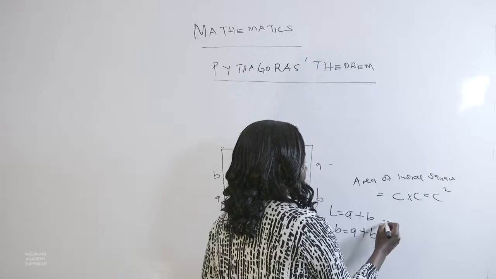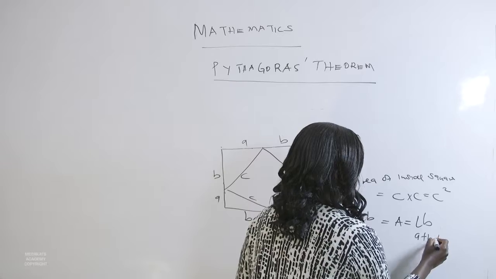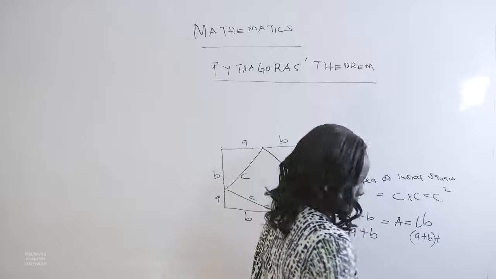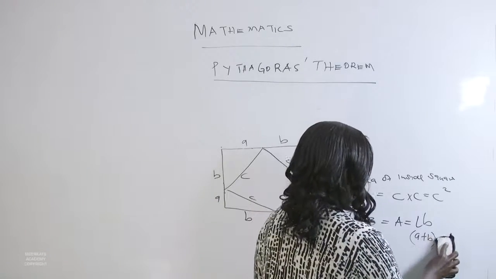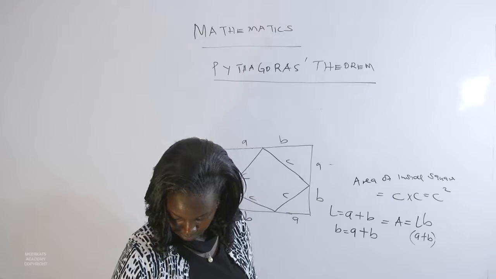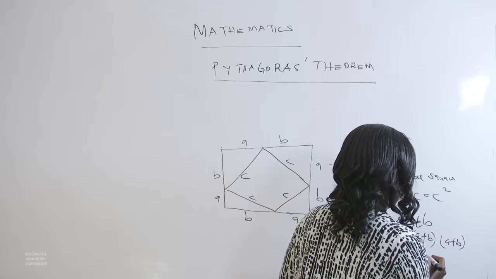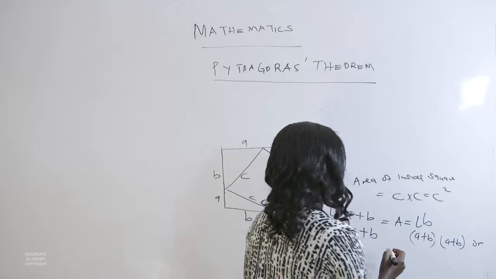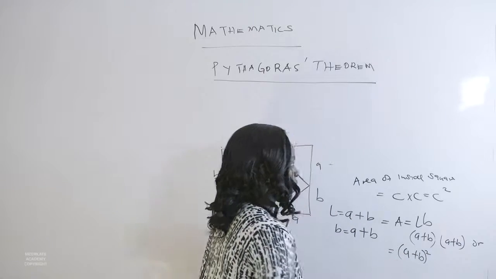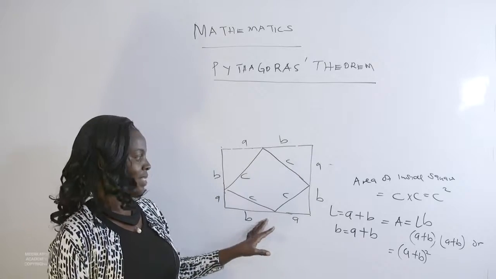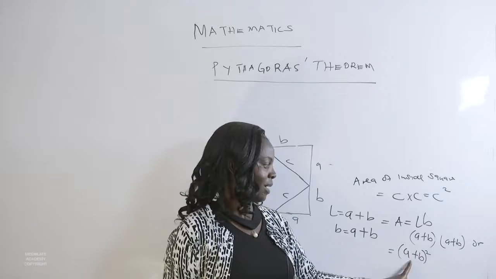So the area of the outside or the largest square is A plus B squared.